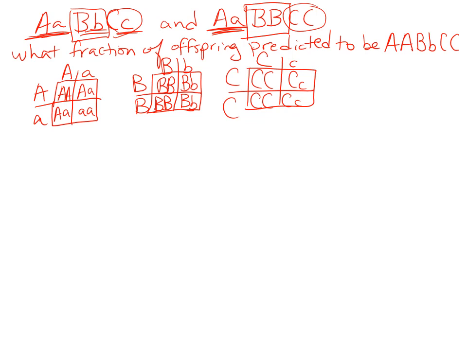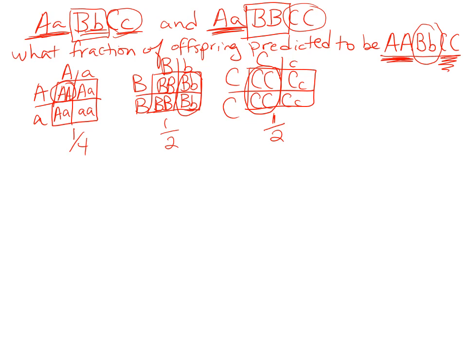Now we want to know what fraction of the offspring are predicted to have this genotype here. So first we ask ourselves, what fraction are capital A, capital A? Well, that's 1/4. What fraction of the offspring are predicted to be heterozygous for B? That's 1/2, because it's 2 out of the 4 squares. Then we have homozygous dominant for C. And again, that's also 1/2 of the Punnett square.